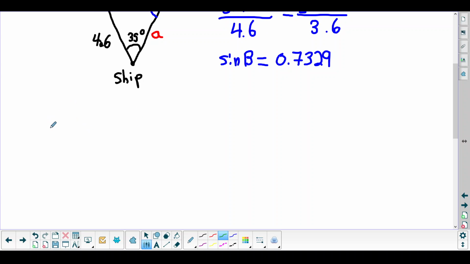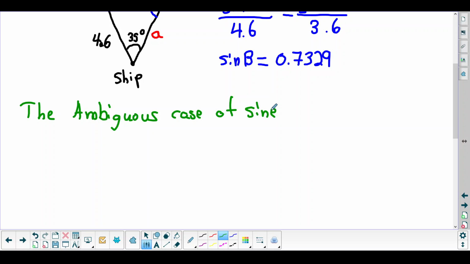Okay, so this is called the ambiguous case of sine law. Okay, what does that mean?